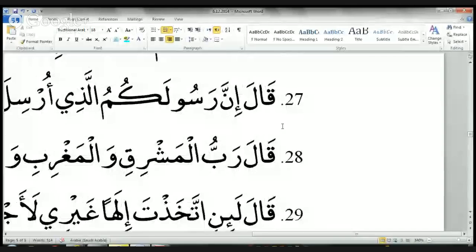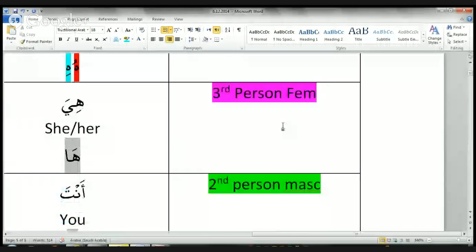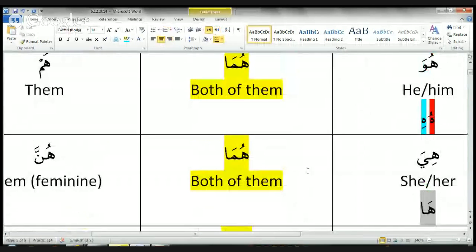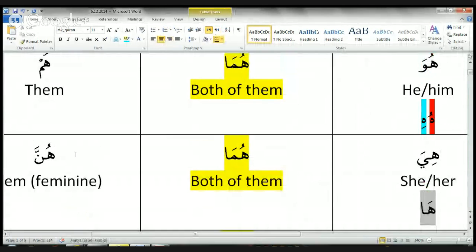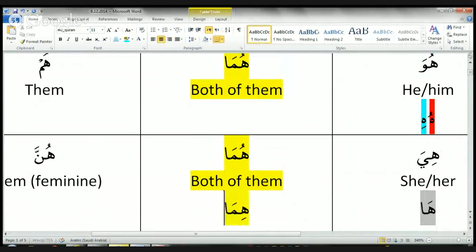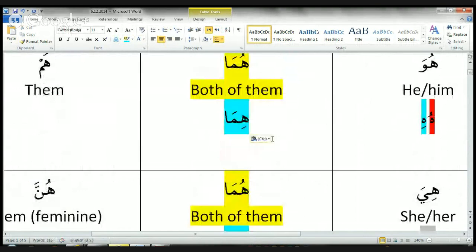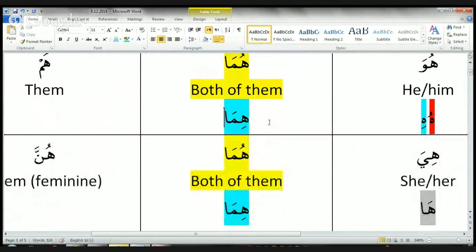If you go back to your pronoun chart, which I think you should add this, I forgot to add it. It's hima and him, for both feminine and masculine. And usually this happens when there's a harf jar before it. But again, we'll go over it.